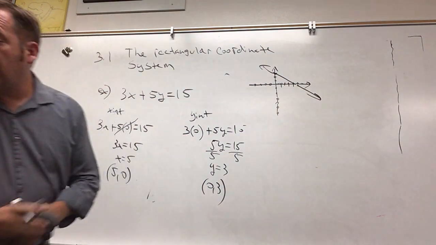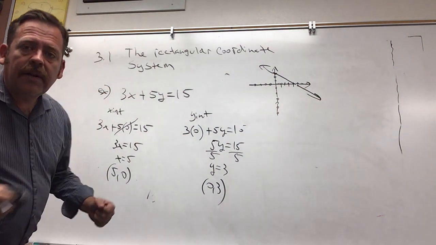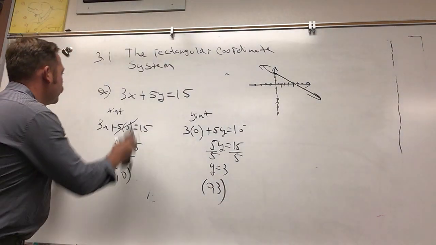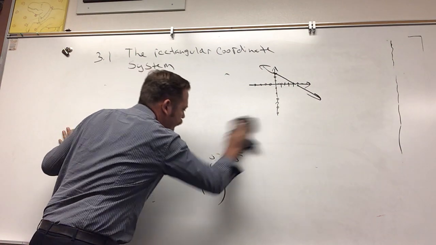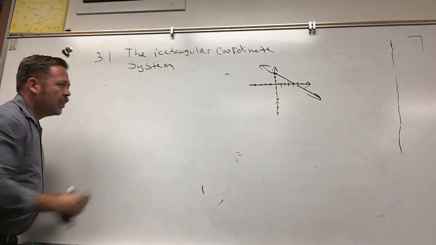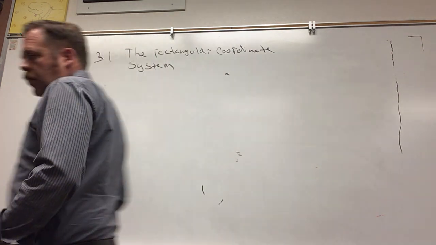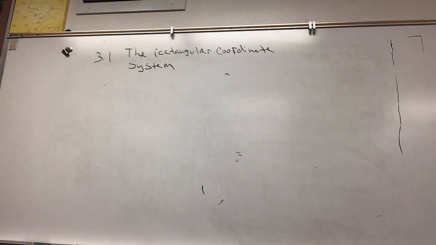Okay, we're going to do one more, but this one I'm going to make a little trickier because you're going to have to put it into standard form. Let me pick a good one. All right, I think I found it.